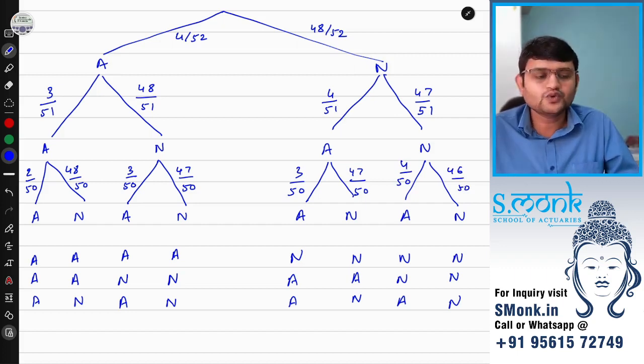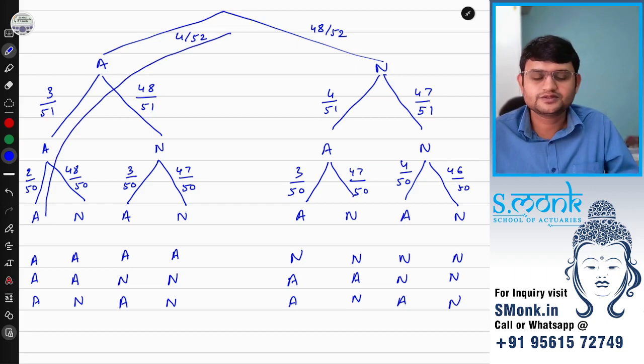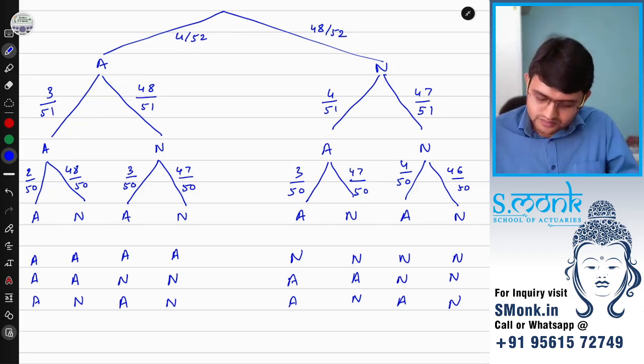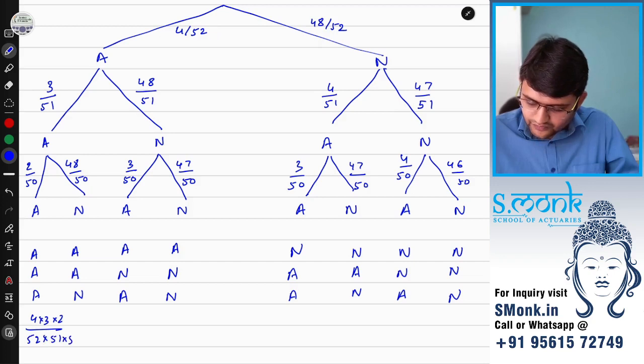Now all I have to do is multiply the probability of a branch. So if I want ace, ace, ace, I will just multiply these probabilities. So here probability for ace, ace, ace is going to be 4 into 3 into 2 upon 52 into 51 into 50.